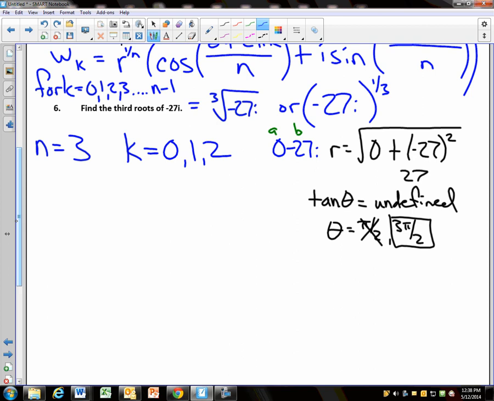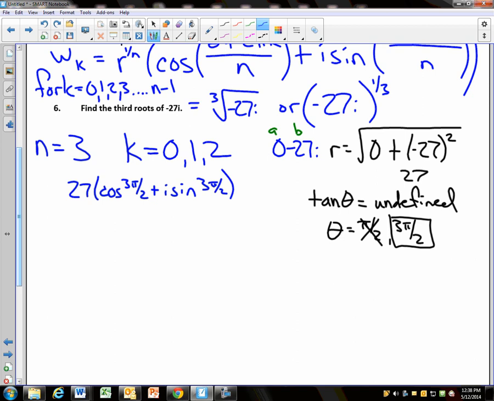So I have my n, I have my k. Now I've got my trigonometric form. My trigonometric form is 27 times the cosine of 3 pi over 2 plus i sine of 3 pi over 2. Can't do the problem if you don't set those up.